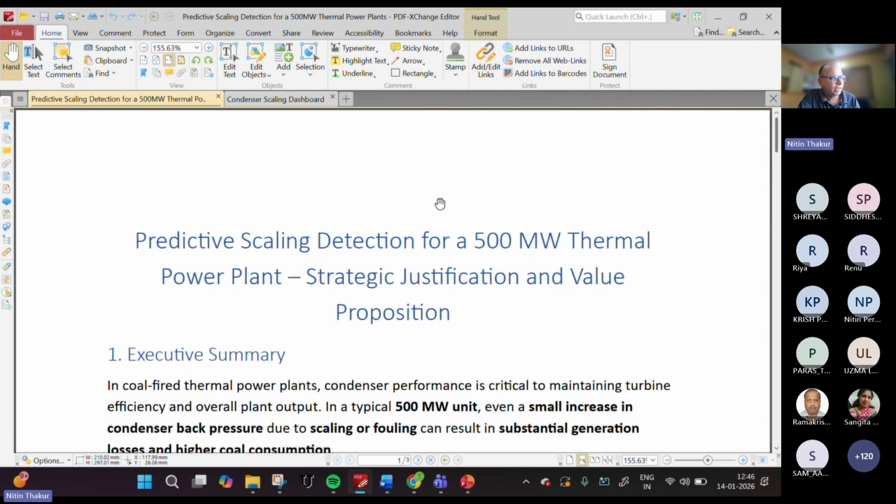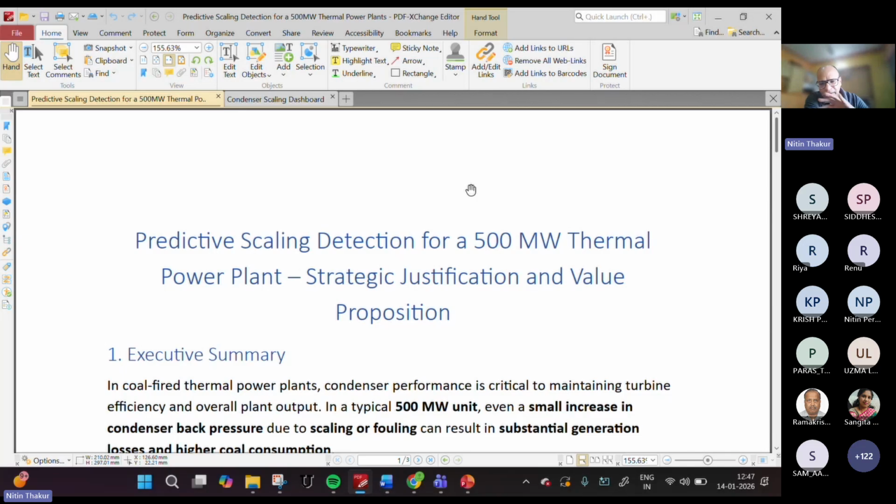They have a very big control room, probably in Pune or somewhere, where not just India but even some parts of the globe, various countries, are monitored. Based on that, they monitor what the health of the scaling part is.